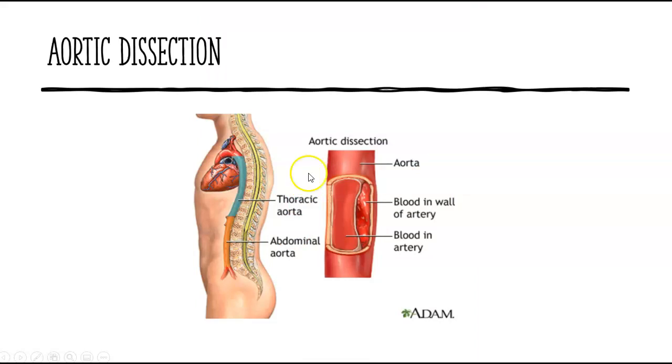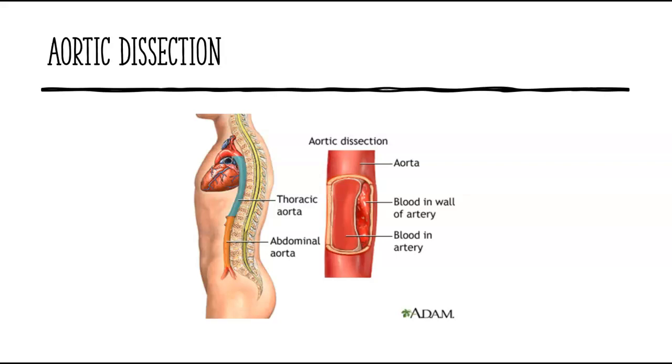Aortic dissection is a little bit different because this is a tear. Again, it can be anywhere from where it exits the heart down through the abdomen. The blood may not be going into the abdominal cavity, but because of tears in the wall of the aorta, you can get a large amount of bleeding into the linings of the aorta.